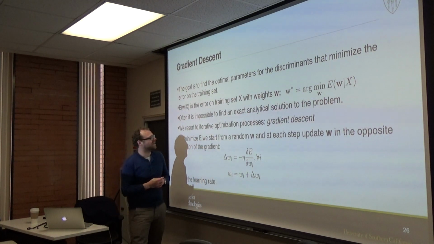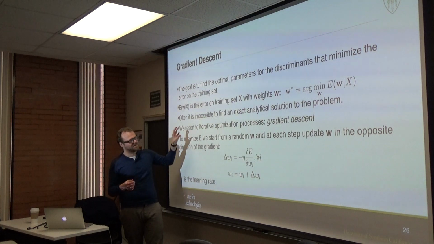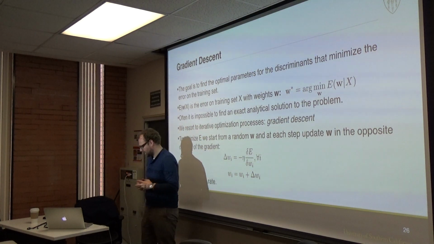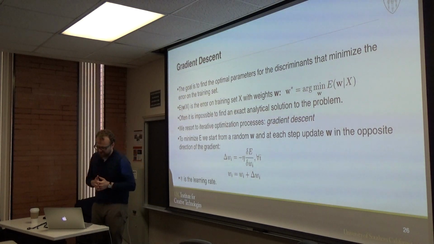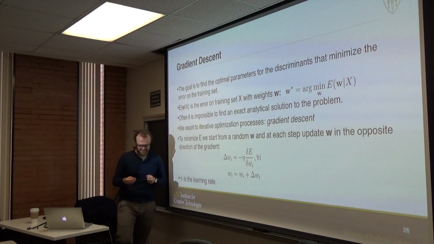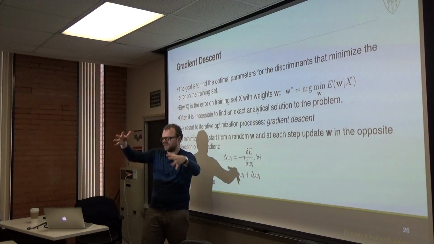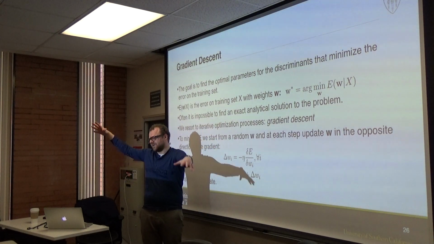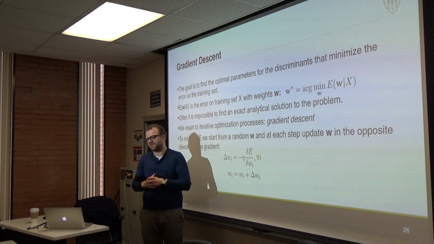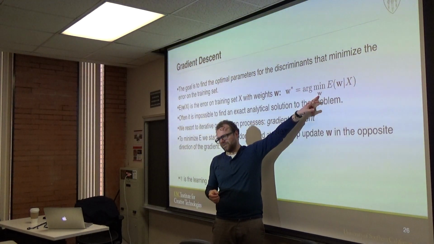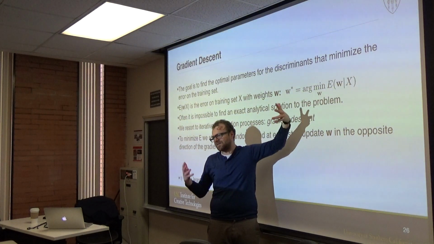And in order to do this, we utilize an iterative process which is called gradient descent. Basically what gradient descent tries to do is, if you have an error function that lives in a high dimensional space, dimensional with respect to the weights that we have.